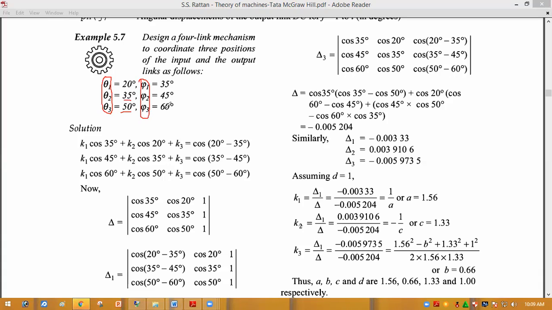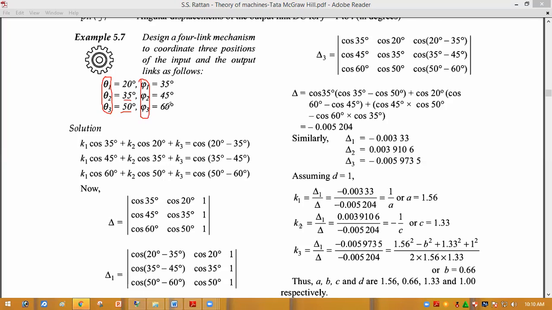So we have to find the magnitude of each and every link. Since this is the 4-link mechanism, we have 4 links. We have to find the length of link AB, BC, CD, and AD.